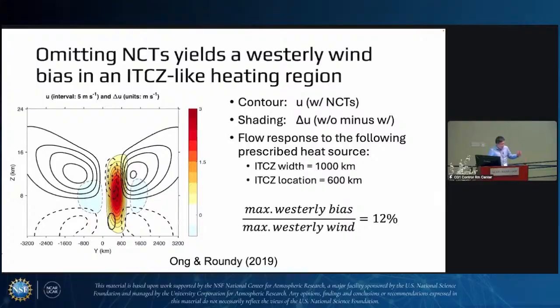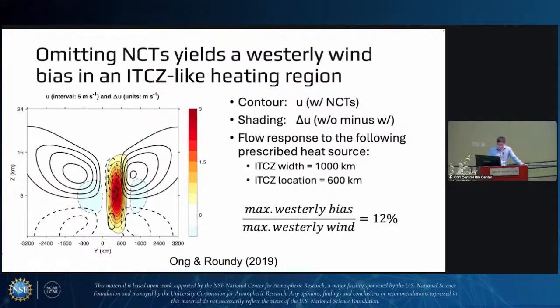From my PhD work, I used this idealized model with prescribed heating due to convection to study the flow response to that heating. And I found that omitting the non-traditional Coriolis terms yields a westerly wind bias in an ITCZ-like heating region.